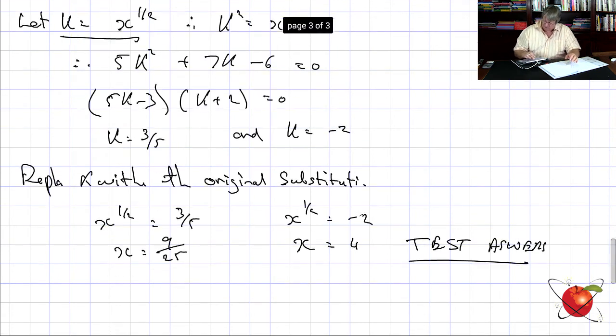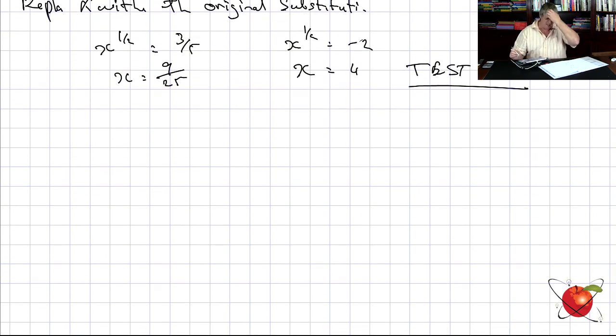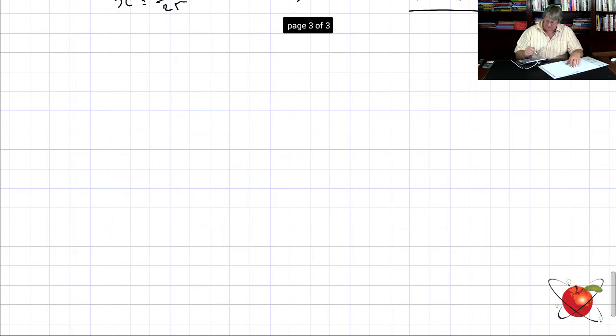Here's a surd equation now where there's an actual surd in it. Let's say they ask us to simplify this, right? Simplify, hang on, let me just move this out the way.